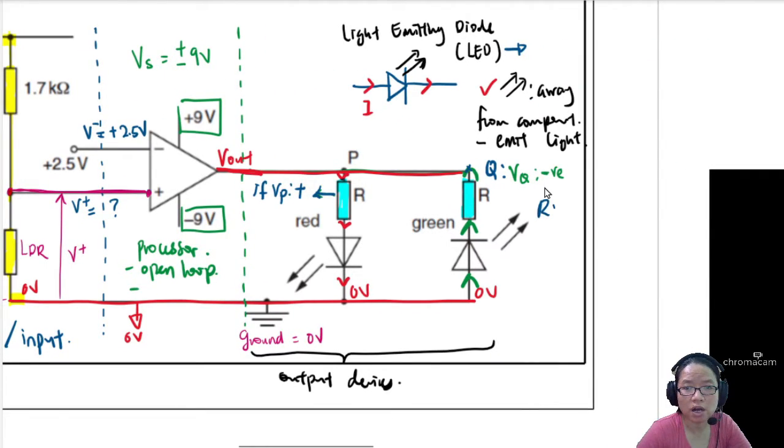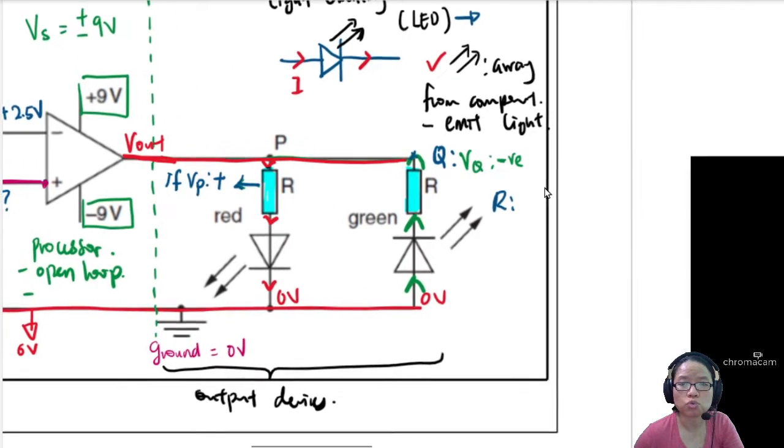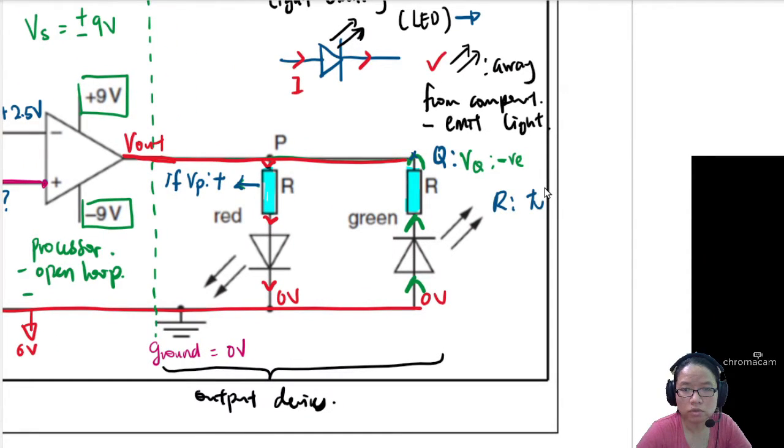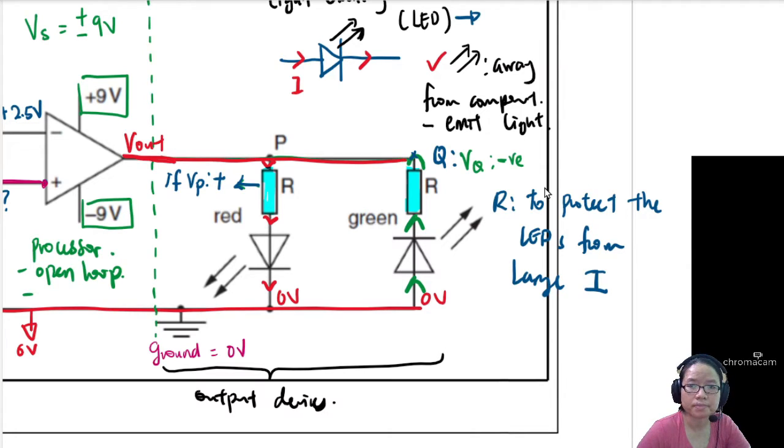The role of R is to protect the LEDs from large current. Okay? So now we know when each light turns on.